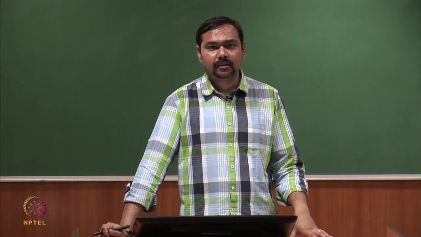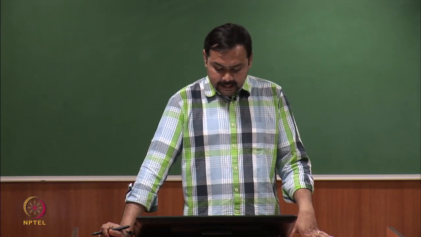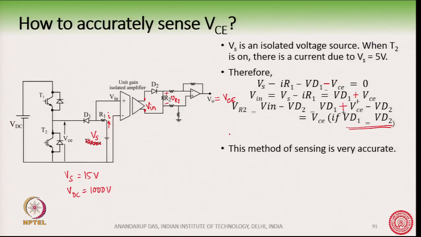It is a power circuit, so a lot of switching is happening, a lot of noise is there, and so an accurate sensing of Vce is very important, and this accurate sensing is possible in this circuit. So, this voltage V0 is equal to Vc without these drops Vd1 and Vd2. You can also have additional noise eliminating filters in this circuit, so that you get a very accurate value.